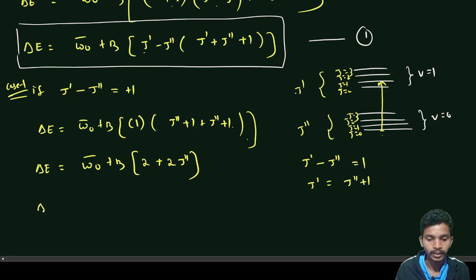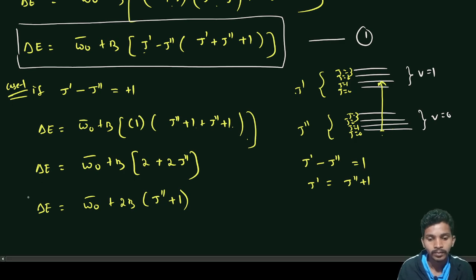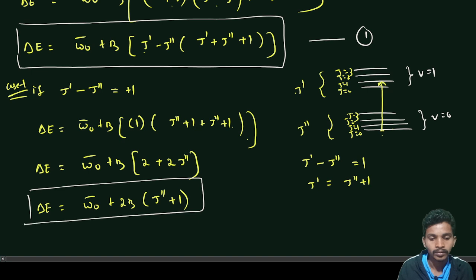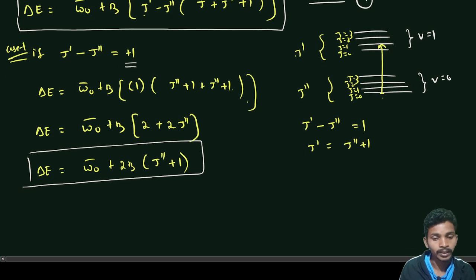So here delta E is equal to, not plus 2 is common, so 2B, and here j double dash plus 1. So if I take j minus j double dash equal to plus 1, then I am getting this value. Okay, so omega naught plus 2B times j double dash plus 1. Okay, we will see what it means.